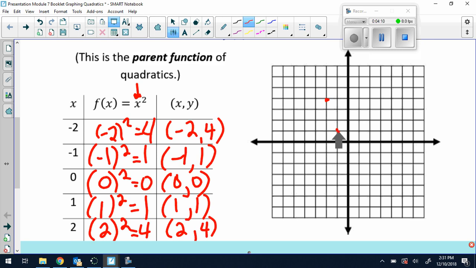So right there. And then this point, 0, 0. And then 1, 1. So I'm going to go to the right 1 and up 1. And then 2, 4. So I'm going to go to the right 2 and up 1, 2, 3, 4.